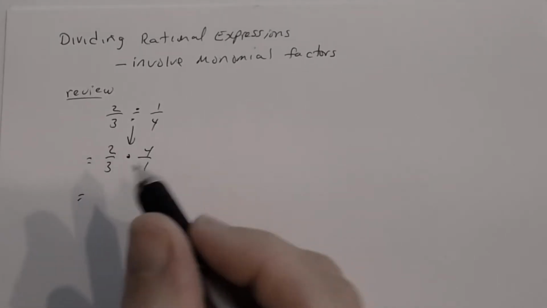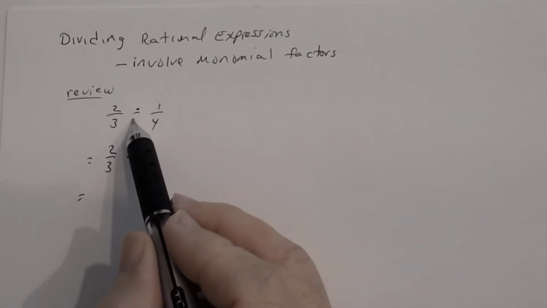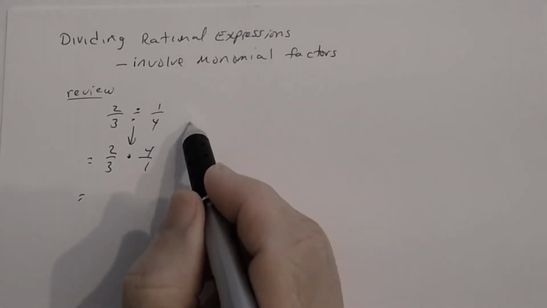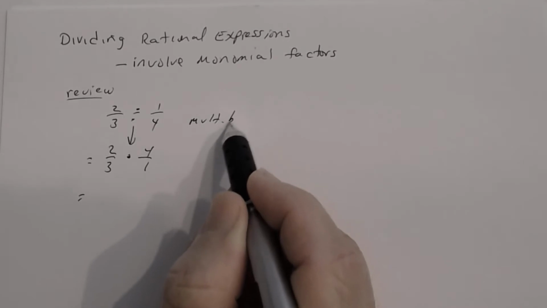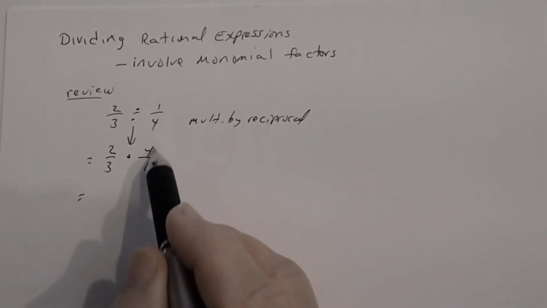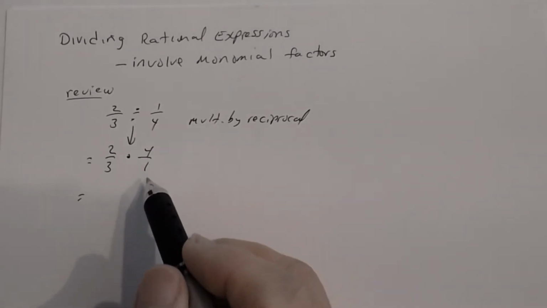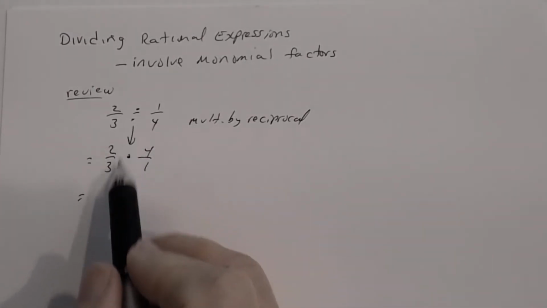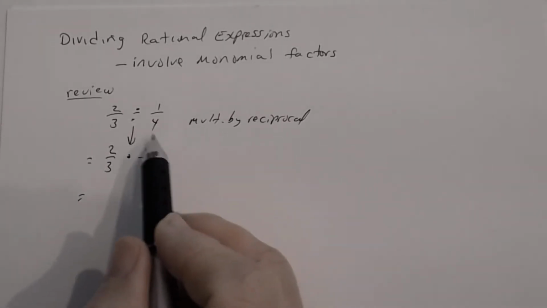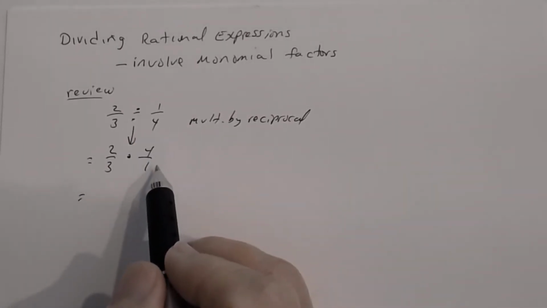So remember, whenever you have a division problem, you want to change it to a multiplication problem. Always think about the phrase, multiply by the reciprocal. So the reciprocal of 1/4 is 4 divided by 1, and you change to multiplication. You're going to say 2/3 times the reciprocal of 1/4, which is 4/1.